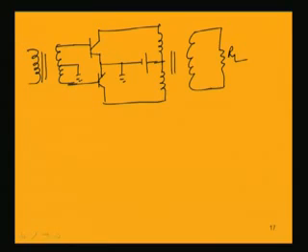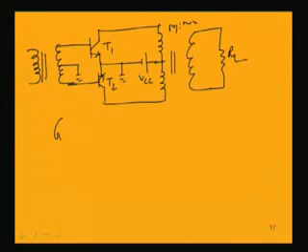So, these are the transistors T1 and T2. This is the source VCC and this is the N1:N2 transformer turns ratio.